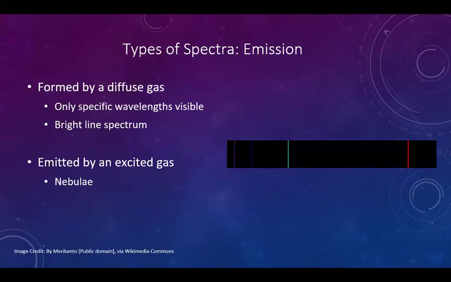Next, there is what's called an emission spectrum. An emission spectrum is how you generate light in a different way. Neon lights generate an emission spectrum. What you can do is take an atom and excite one of its electrons in various ways.